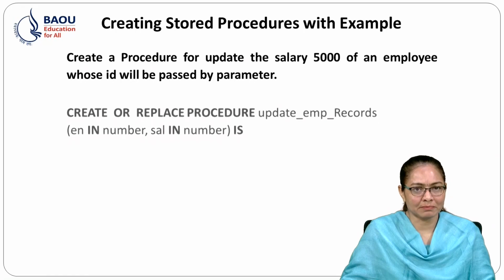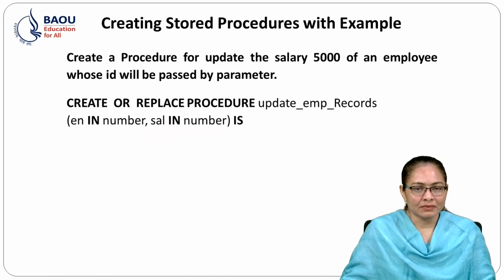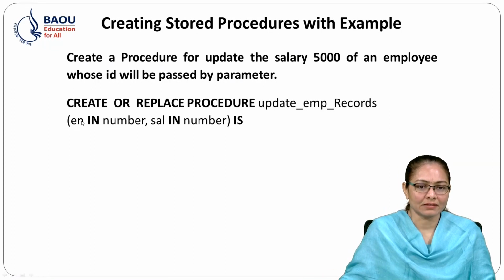See in the example, there are two parameters. EN is one parameter and SAL, salary, is the second parameter, which is used to accept the value from outside the calling statement. Here IN is used for accepting the value. Now how to write the procedure?